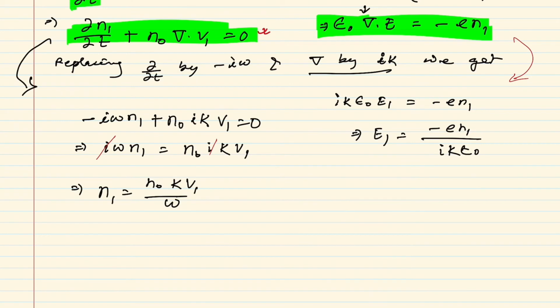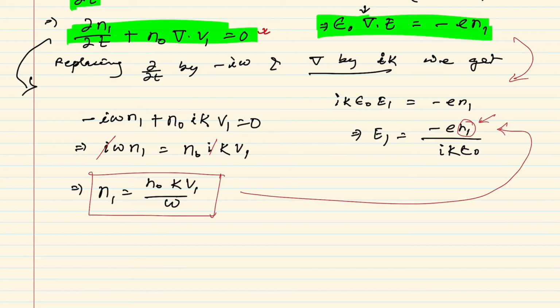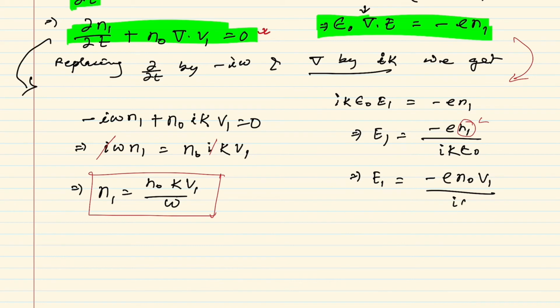Now, this n1 can be replaced by this value of n1 here, and doing so, we will get E1 is equal to minus e n naught V1 by i omega epsilon naught.